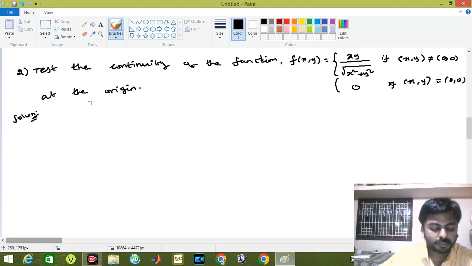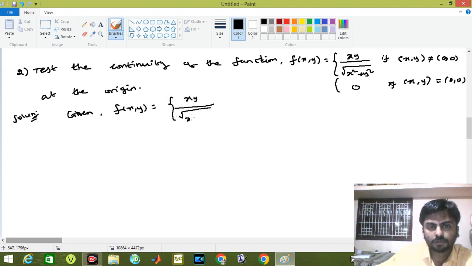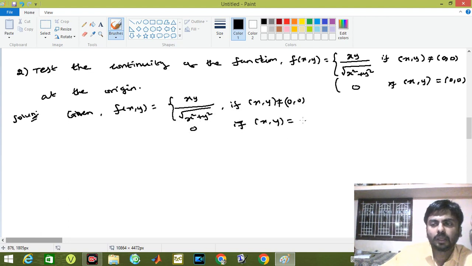Given f of x comma y equal to xy divided by root of x square plus y square if x comma y not equal to 0 comma 0, and 0 if x comma y equal to 0 comma 0.